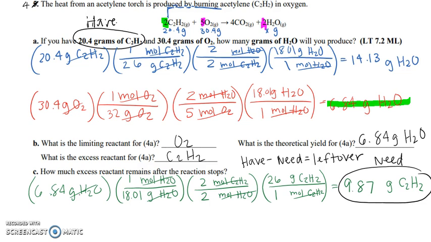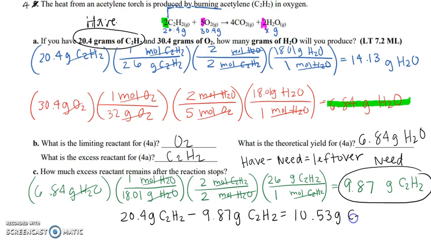So I take my have minus my need, 20.4 grams of C2H2 minus 9.87 grams of C2H2 to give me what is left over. 10.53 grams of C2H2 is what is left over.